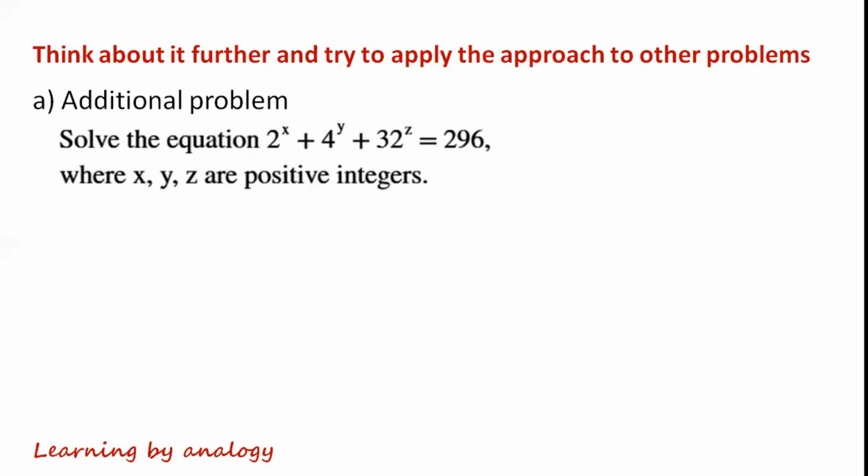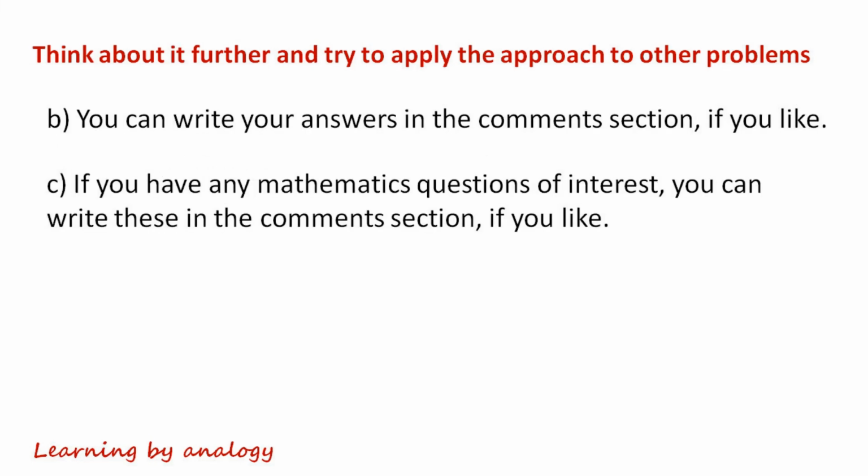Solve the equation 2 to the power of x plus 4 to the power of y plus 32 to the power of z equals 296, where x, y, z are positive integers.